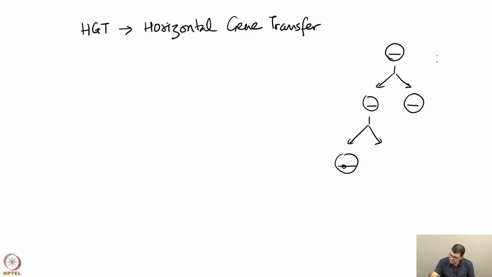So, evolution in this sense is vertical, that evolutionary change takes place across generations. As you transition from one generation to another, evolutionary change can take place.